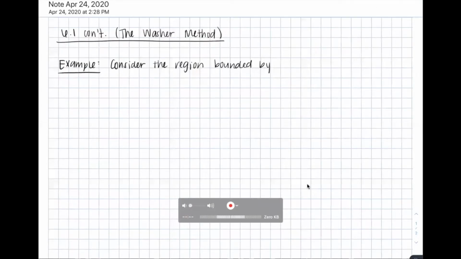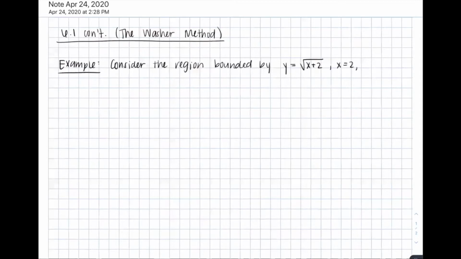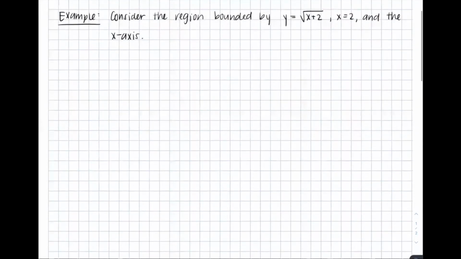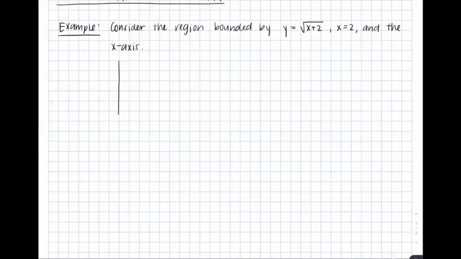Consider the region bounded by y equals the square root of x plus 2 squared, x equals 2, and the x-axis. Right, so again, it's going to look like this right here.